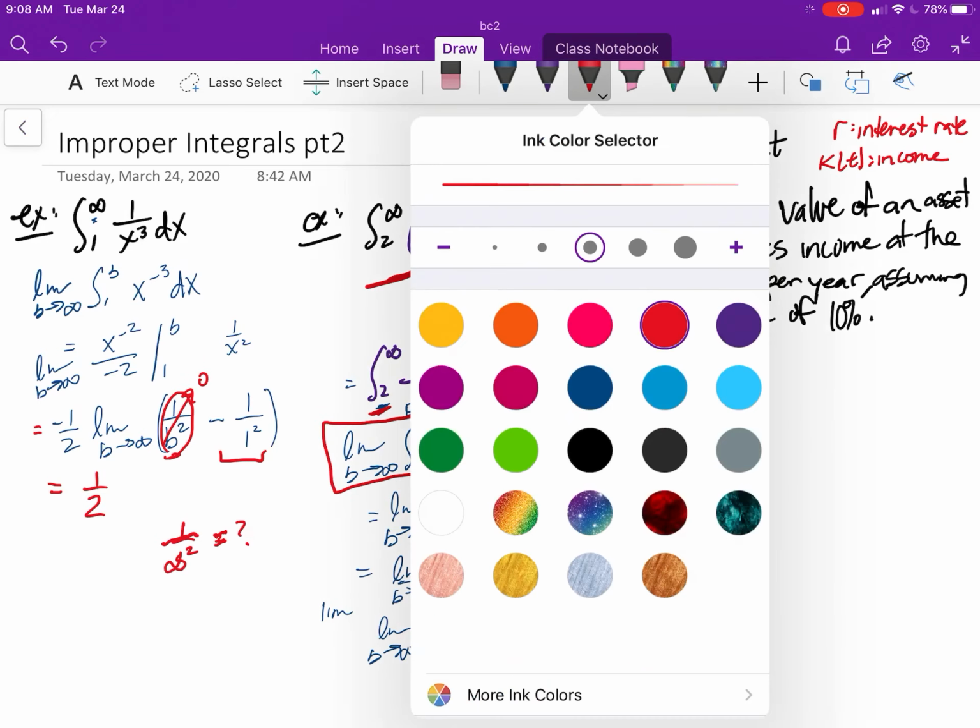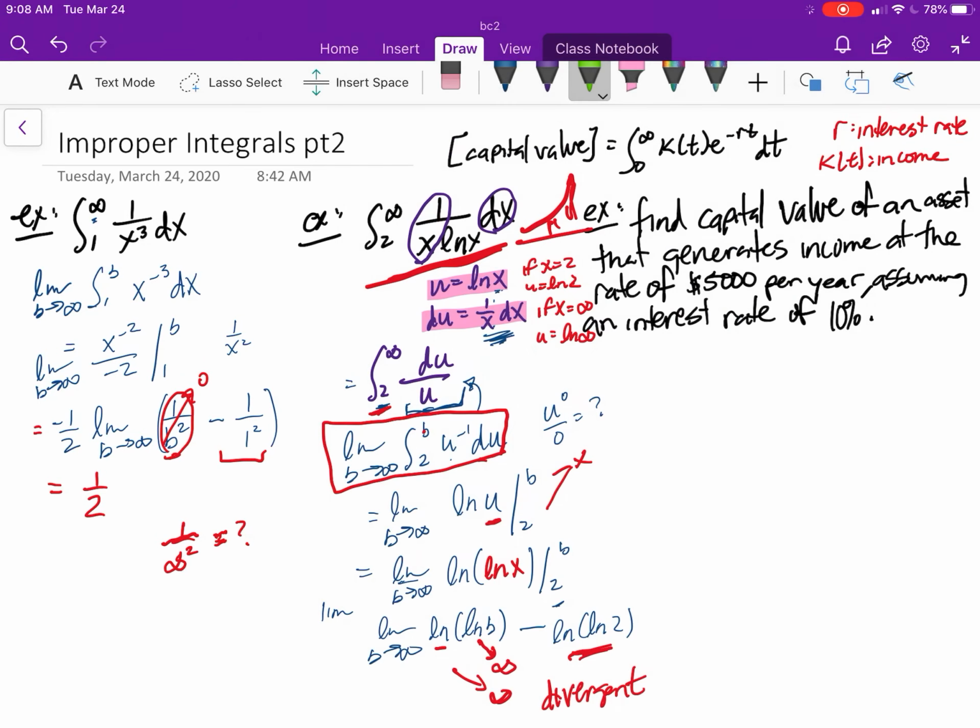Let's squeeze a different color in here. So let's assume those ln 2 and ln infinity. Well, I know ln infinity is another infinity, right? So I would still need to make this substitution of b and still proceed here. If we had changed those bounds, it kind of saved me this step of going from 2 to b or changing back to x's.